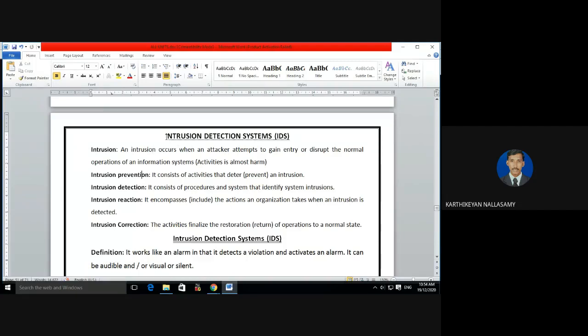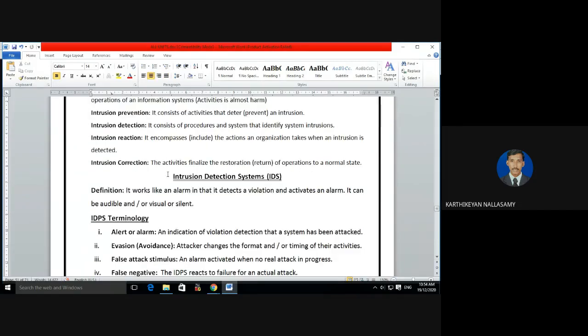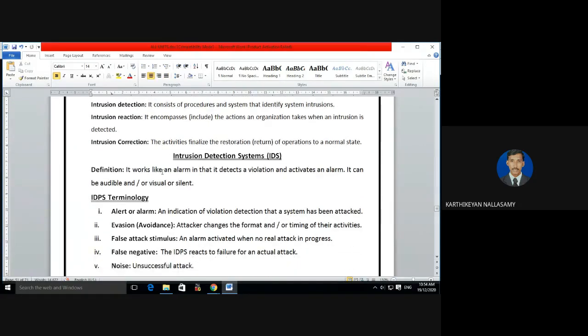These are the basic things we need to know about intrusion. The next one is called the intrusion detection system, which we call IDS.